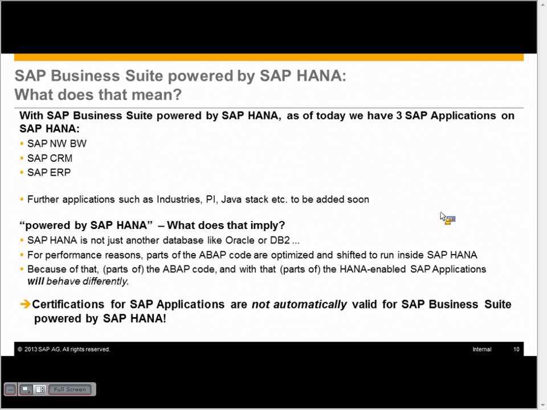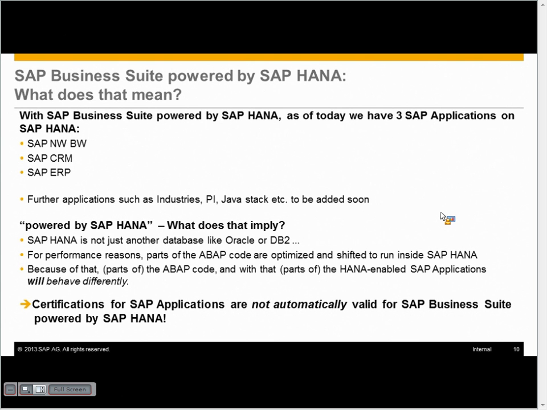It's very important to know that in this case, SAP HANA is not just another database. For performance reasons, the code that builds the SAP applications was optimized, rewritten, and shifted to run directly inside HANA to leverage all the possible performance benefits.